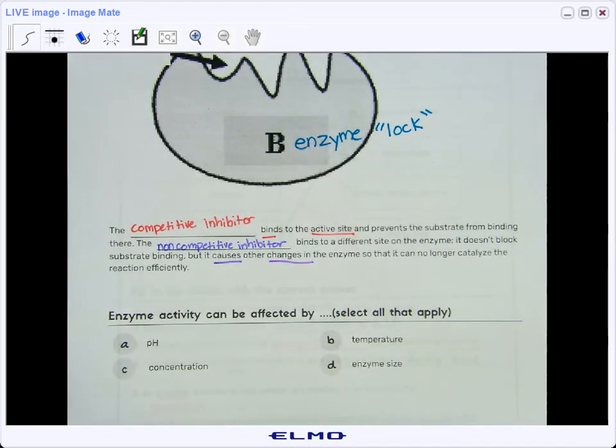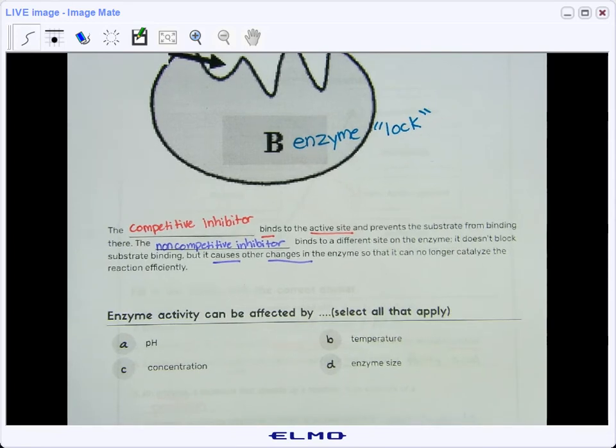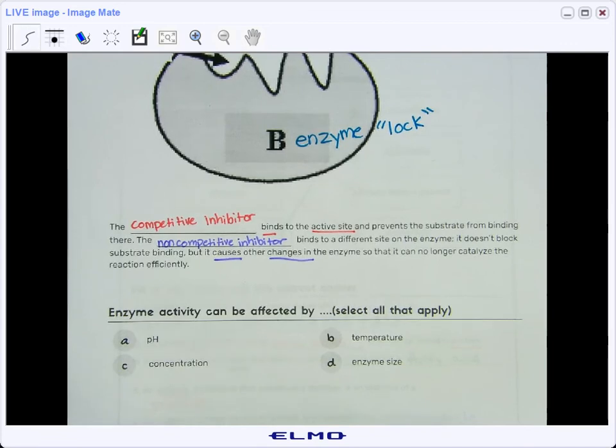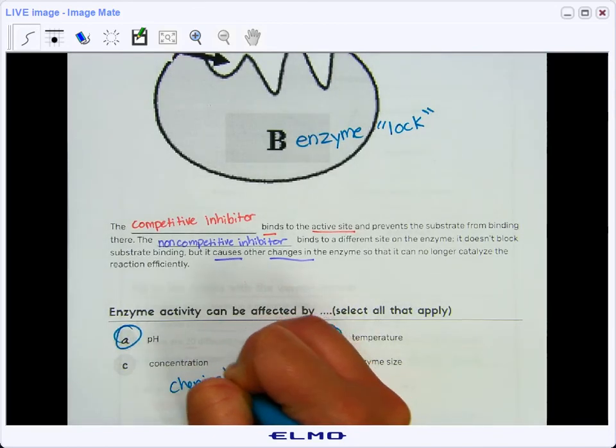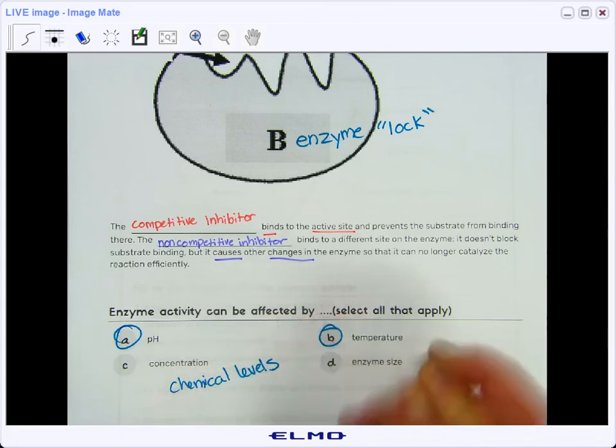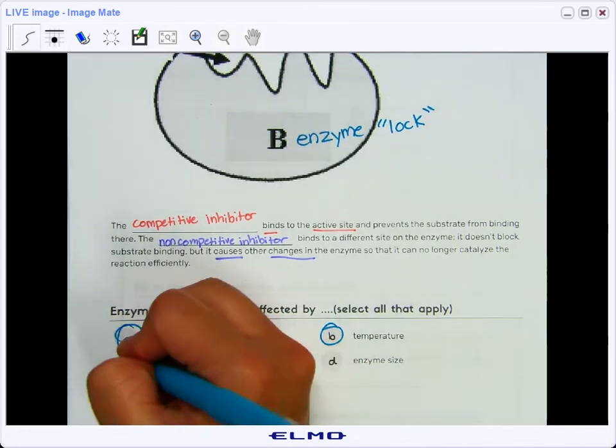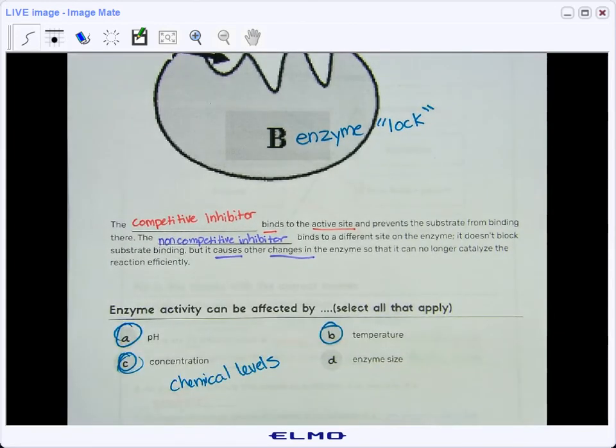So that way the lock and key do not match up together anymore. And finally, enzyme activity can be affected by your pH, your temperature, and I also talked about the chemical levels, which tell you the concentration of substances.